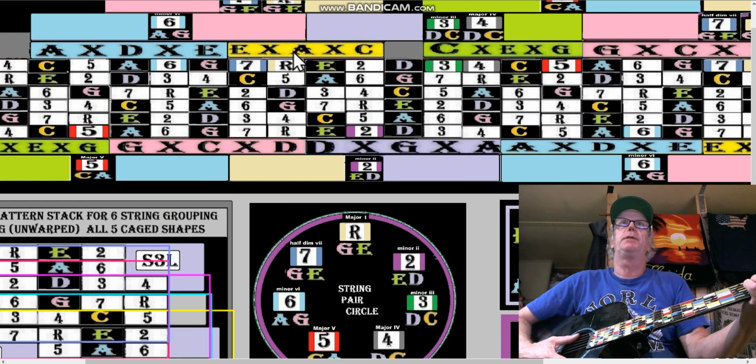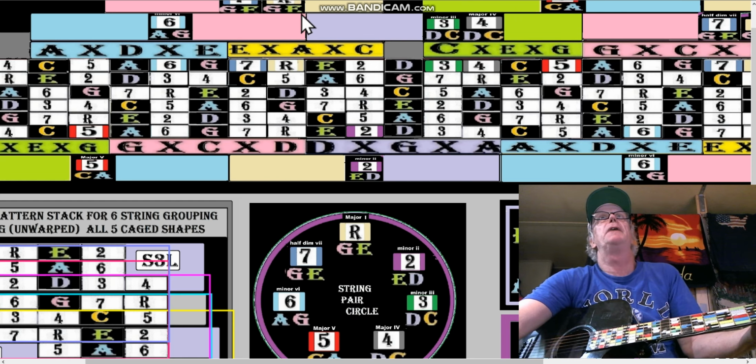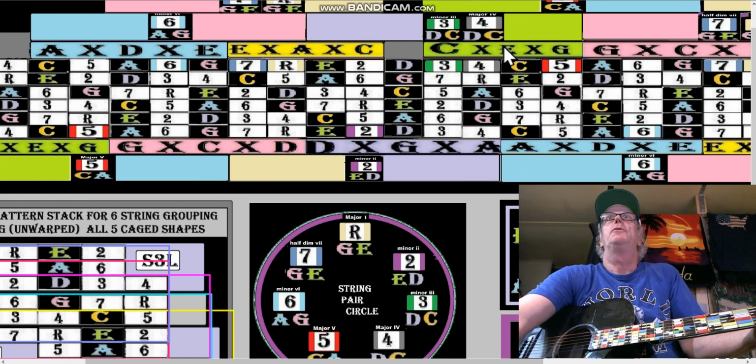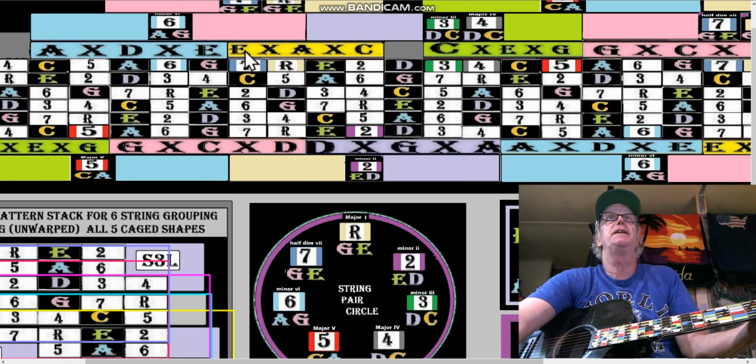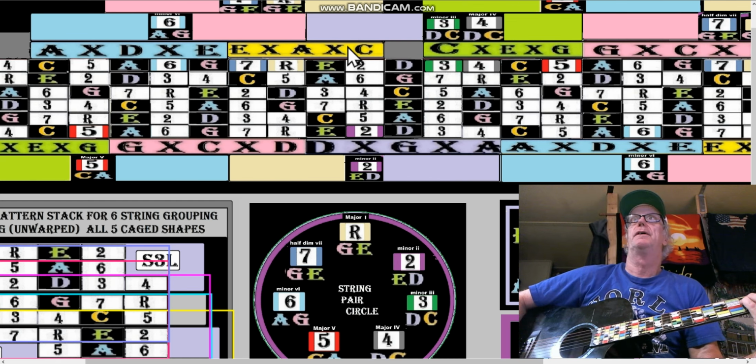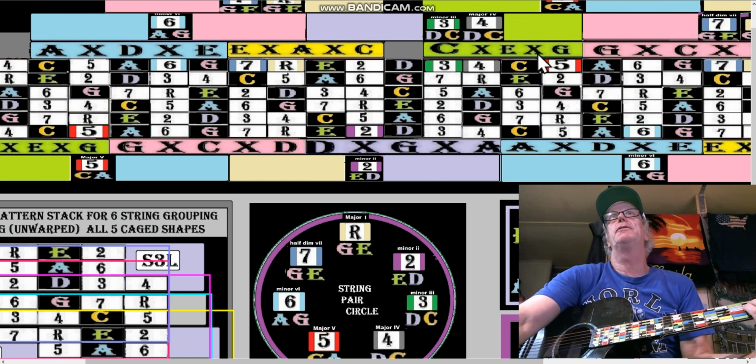I can't even play all of those notes because my fret nut's right here. Okay, but going from that C shape to the E shape, we have a diminished fourth. So because the fourth of C is F, we have instead an E shape. The F would be where the F is. We would start the whole thing over again from there.